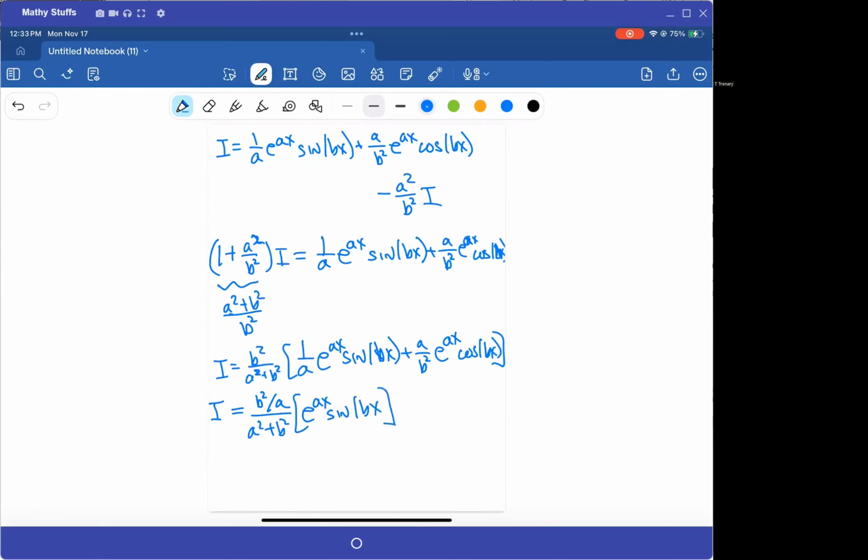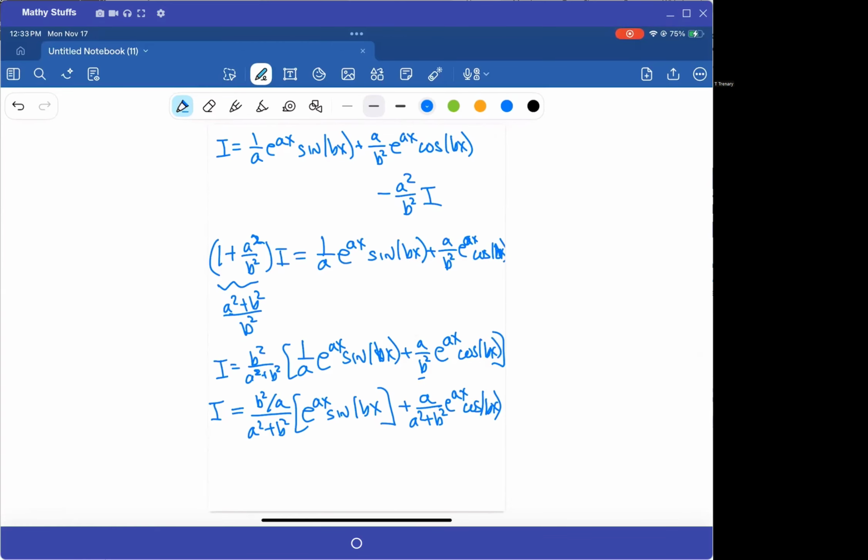And I'm actually distributing that thing in the front because I see that the b squareds cancel when I hit this guy. So then I get a over a squared plus b squared e to the ax cos bx. Now I feel like something's a little off.